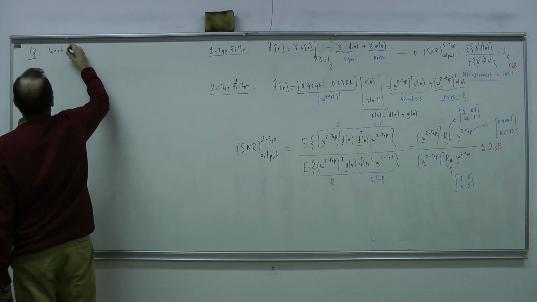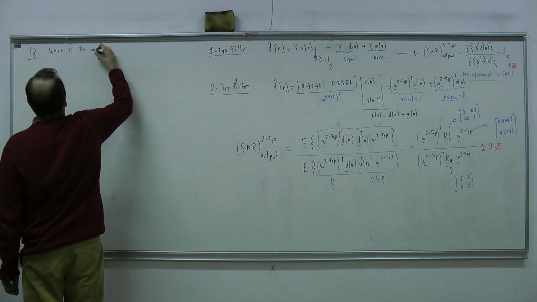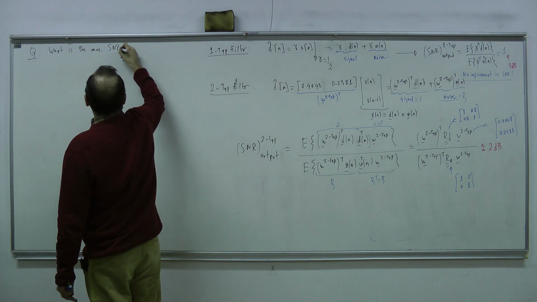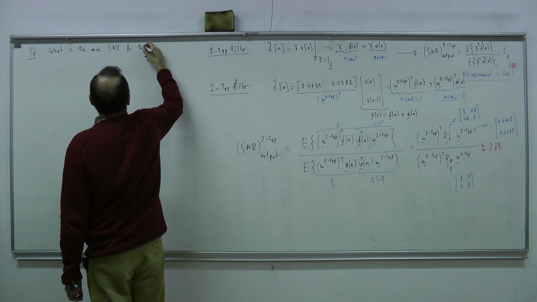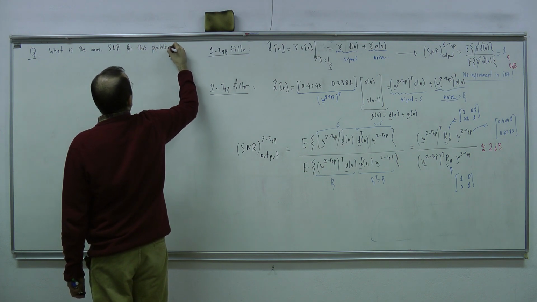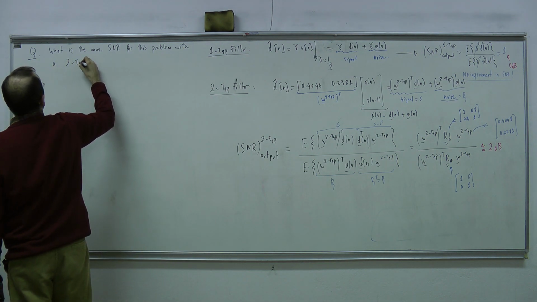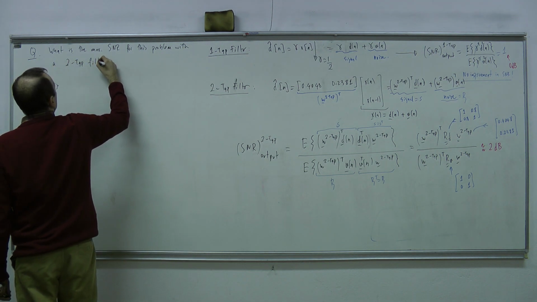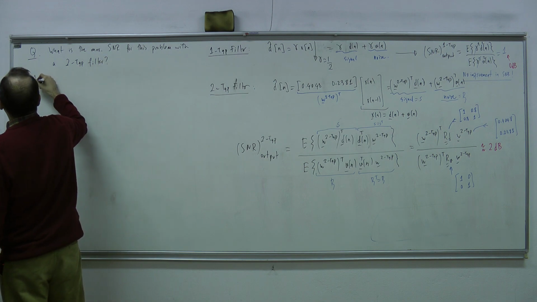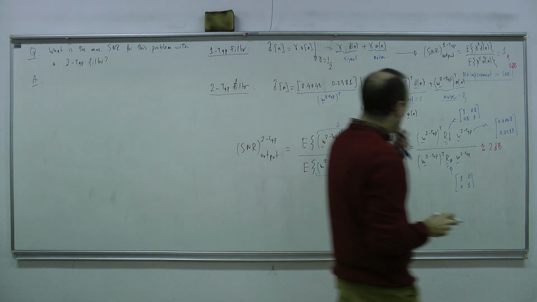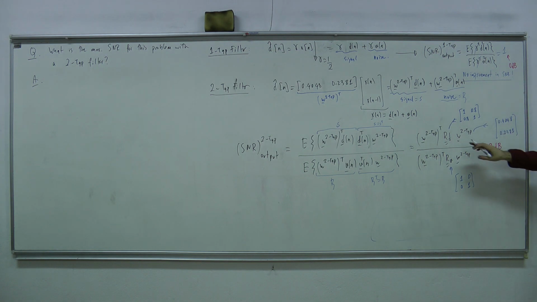What is the maximum SNR for this problem with a 2-tap filter? So how can I answer this? Okay. Now, the issue is, assume that this is left as an optimization variable, W2 tap. So how can I maximize this ratio?